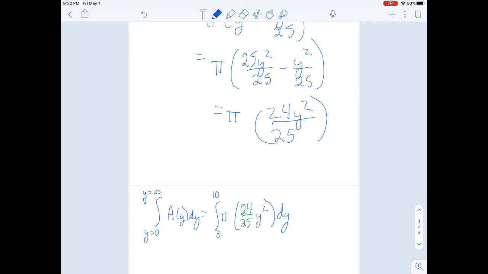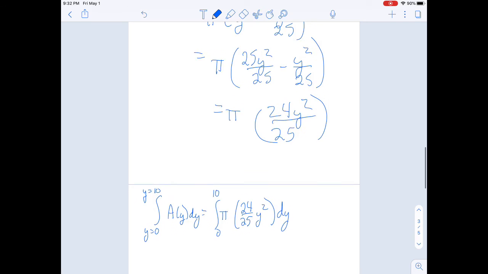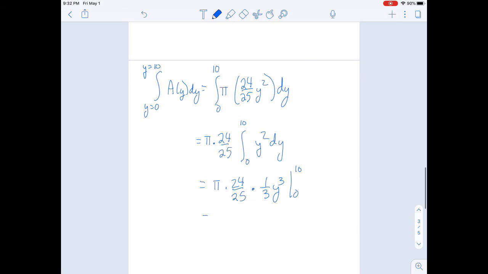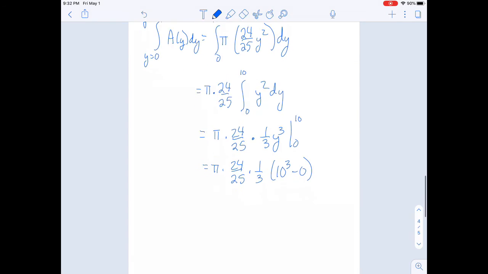And then we're all set up and ready to go. So that's a pretty straightforward integration problem. So let's just zip through that. And our answer is 320 pi.